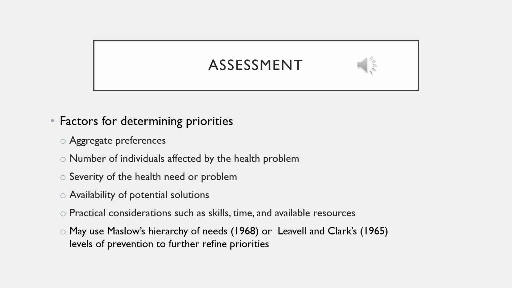And whenever we're looking at this assessment, it's good to use something like Maslow's hierarchy of needs, looking at what our basic needs are. We can look at the levels of prevention, so primary, secondary, tertiary, to really refine our priorities.